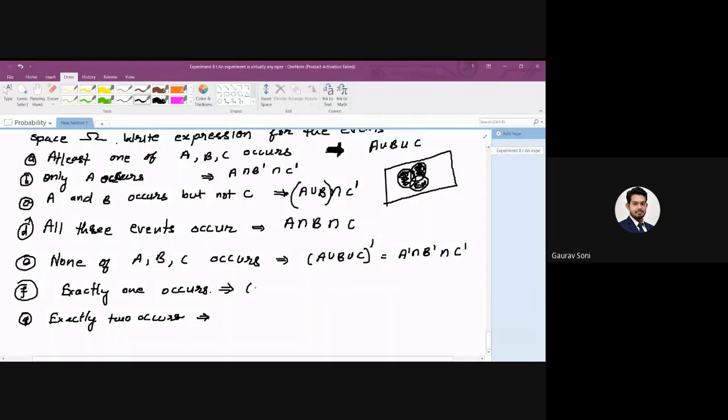So one is correct: A intersection B complement intersection C complement.